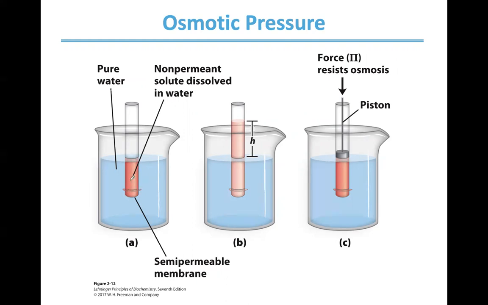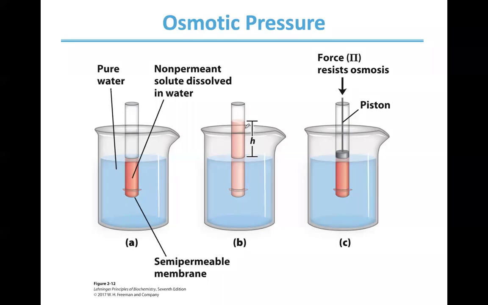And because the solute concentration is much higher in the test tube, water will come from the beaker, go through the semi-permeable membrane, and move into the test tube to the area of low solute concentration. And in a way, kind of dilute it, right?